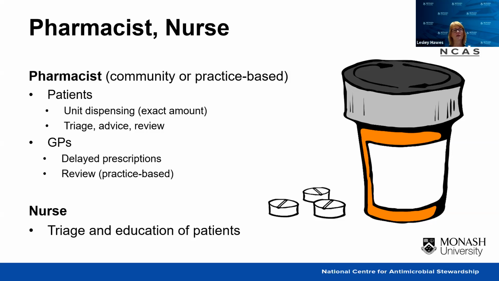They needed more consistent messaging from all sectors. And then pharmacists can also be involved with GPs. One of the areas in the literature was about delayed prescribing. This is where a patient seems to think they need an antibiotic, or the GP perceives they're asking for it, but the GP doesn't want to give it. They might suggest to the patient, you don't need an antibiotic just yet.